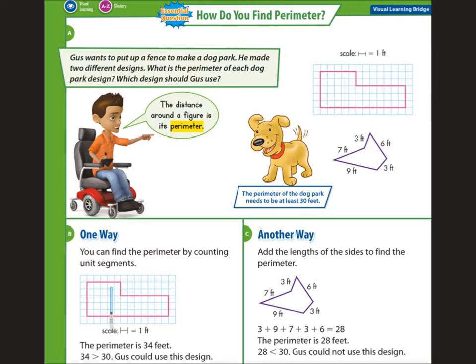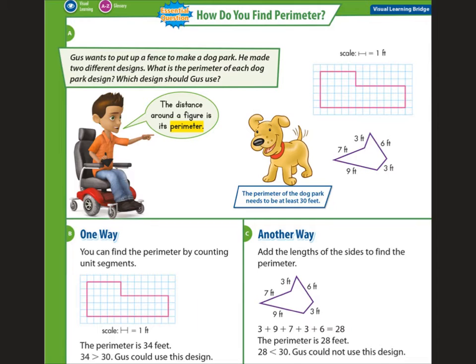So if we counted up all of these unit segments all the way around, not the ones on the inside, because that would be finding the area, we just want to find the outside, around the figure, okay? So we know that this perimeter is 34 feet if you were to count up all of these sides right here.